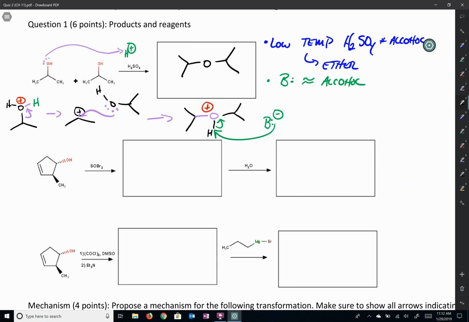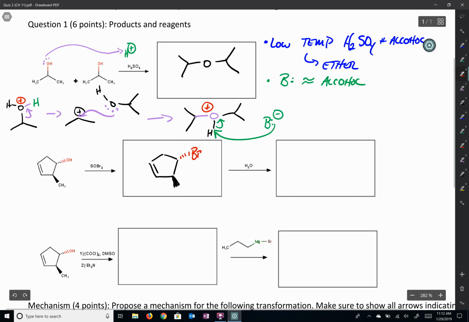Question number 2. We've got this cyclopentane ring here with a double bond and a methyl group and an alcohol, and we react that with thionyl bromide. Thionyl bromide plus all this stuff is going to be a nice way to swap our alcohol for a bromine.